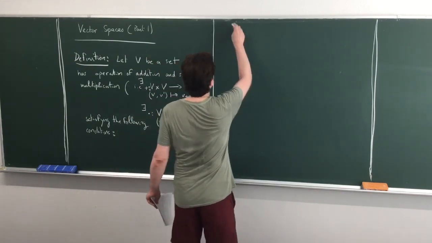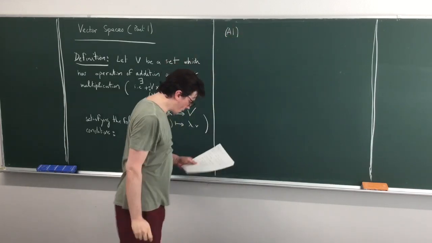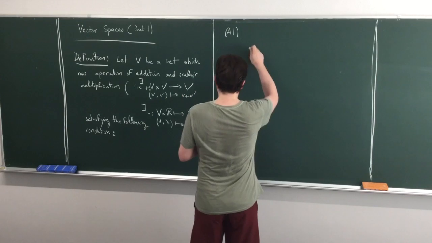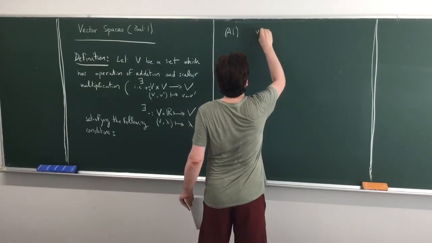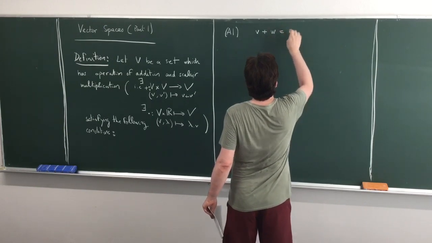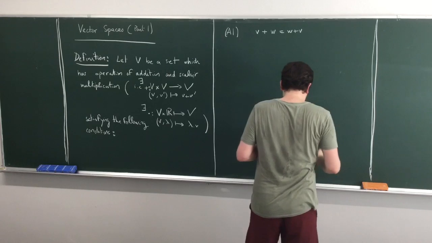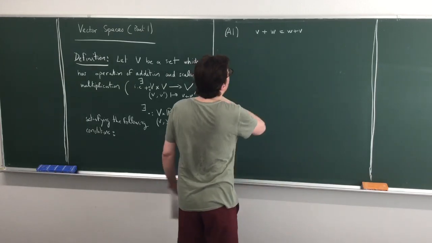So the first set of conditions is concerned with addition, so I call it A1 to A4. We will have 4 like this. So this operation plus satisfies the following: V plus W equal W plus V. So we say that this is true for any vector.